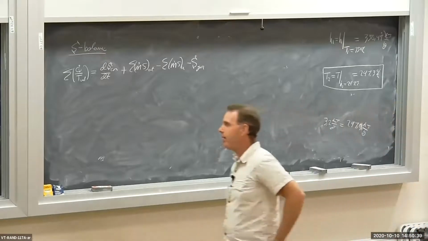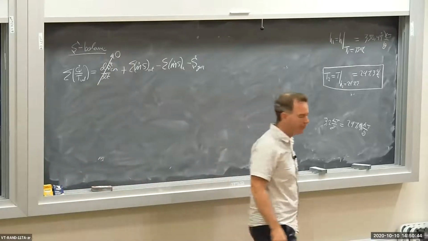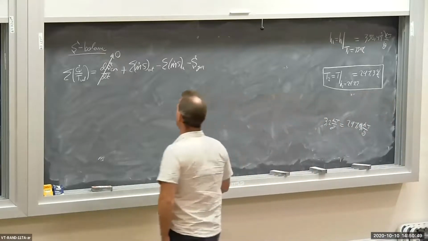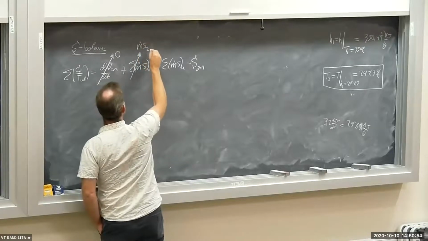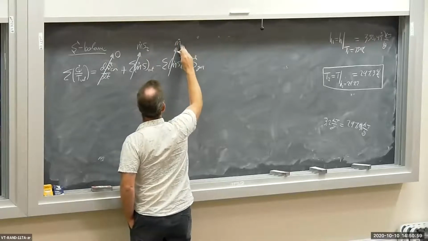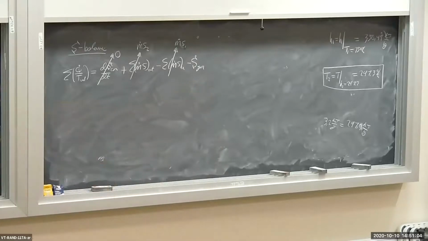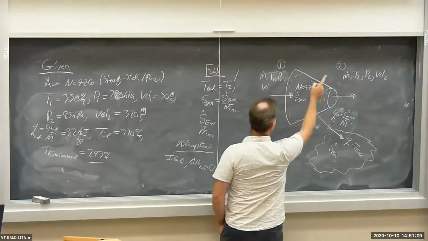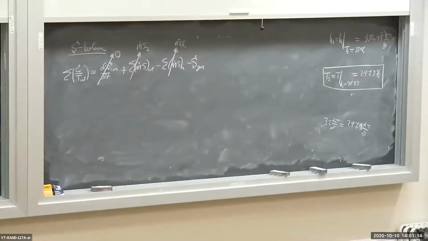Now this is a steady state problem, so immediately I can get rid of this term. I have a single inlet, single outlet device, so this is m dot s2 and this is m dot s1. The inlet is at location 1 and the outlet is at location 2, so my mass flow terms reduce to one of each.